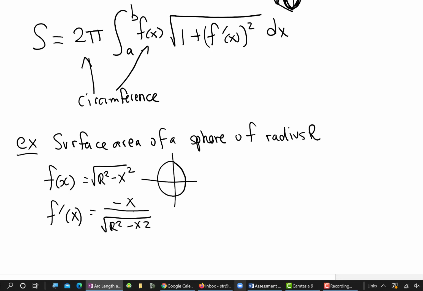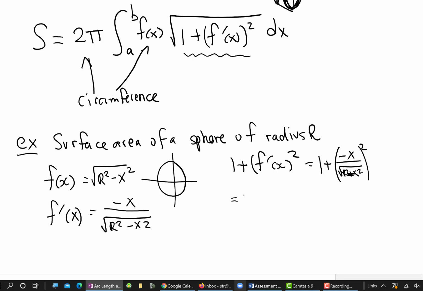And 1 plus f prime of x, all being squared, to work on this piece in the middle, is the same as 1 plus negative x over root r squared minus x squared, all squared. And so I get 1 plus x squared over r squared minus x squared. If I make a common denominator and bring together the terms in the numerator, I end up with r squared over r squared minus x squared.